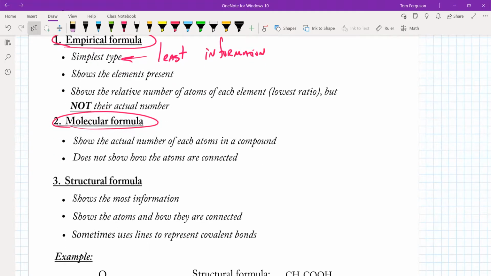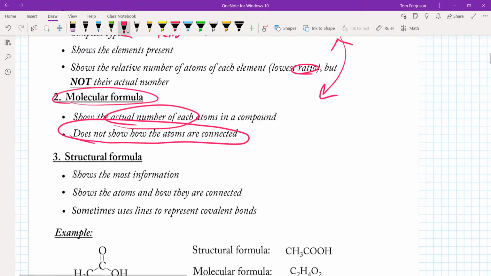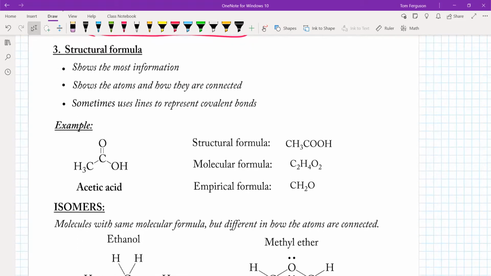The problem with the molecular formula is it doesn't show how the atoms are connected. It just says how many of them. Now, these two differ. The empirical is the simple ratio. The molecular formula is the actual number of each atom. The structural formula is the most useful because it shows some kind of connectivity.